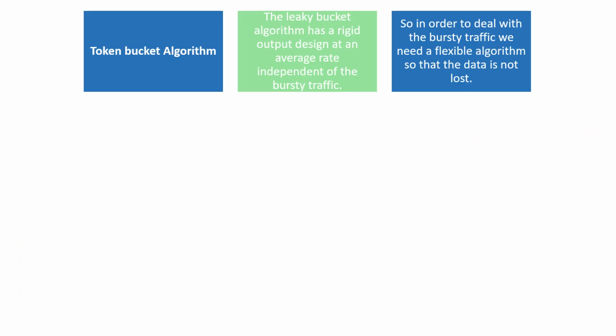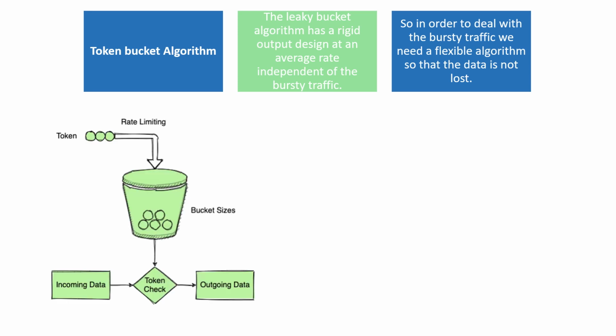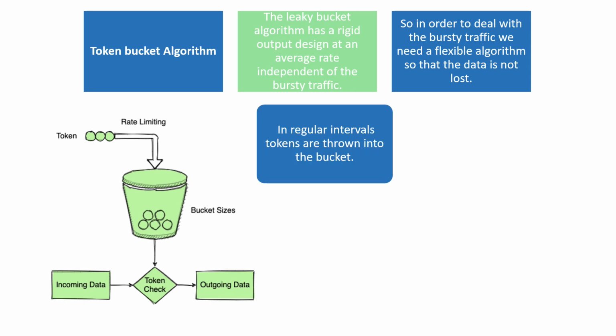Now we can see what the token bucket algorithm is. The leaky bucket algorithm has a rigid output design, that is, it has a constant flow independent of the bursty traffic. So in order to deal with bursty traffic, we need a flexible algorithm so that the data is not lost. So we go for the token bucket algorithm, where at regular intervals tokens are thrown into the bucket.